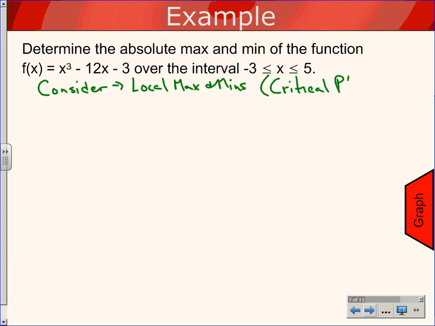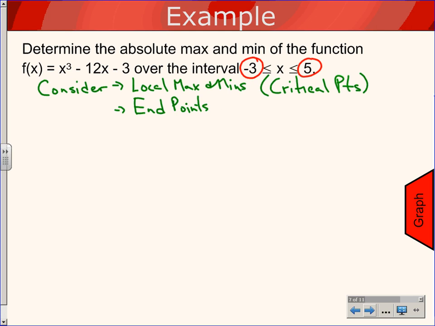So that would have been the short form for me to write it. We're going to look at the critical points, and we're also going to look at the endpoints of the interval. So the endpoints are, we need to consider what happens at x equals -3 and what happens at x equals 5. That part's not hard because we're given those numbers. The critical points we have to find.